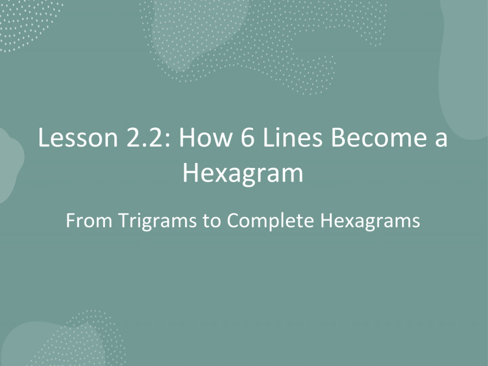Welcome to lesson 2.2, how six lines become a hexagram. That is, six lines become a hexagram. We'll be explaining that. Today we'll dive into the fascinating transition from trigrams to complete hexagrams.